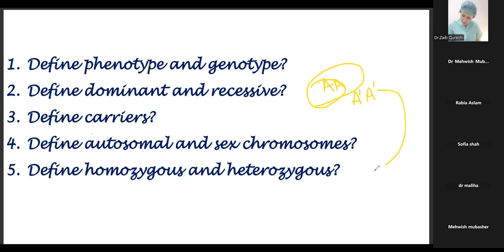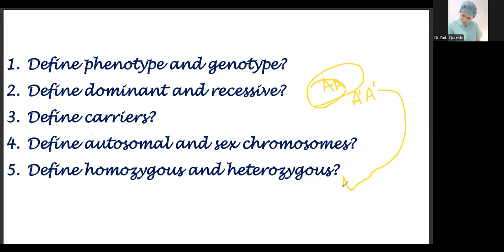This concept is applied to question number 5 also. We will discuss it after question number 4. But guys, if a person is affected by a dominant disease, then only one mutated gene is enough to show up in the person. Give me an example of a dominant disease.